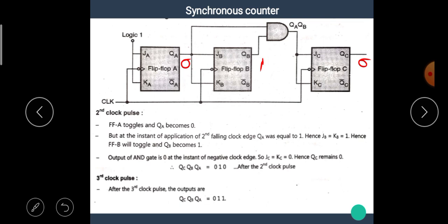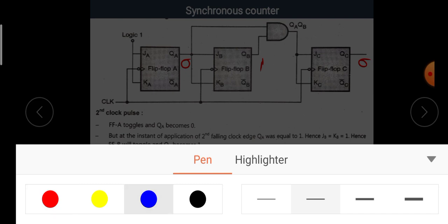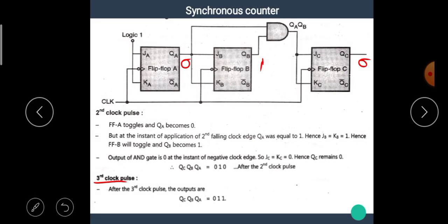When the third falling edge of the clock occurs, QA toggles. That means it becomes 1. But at the third falling edge, JB and KB have the value 0, hence it does not change its state. That means it has the value 1 as it is.